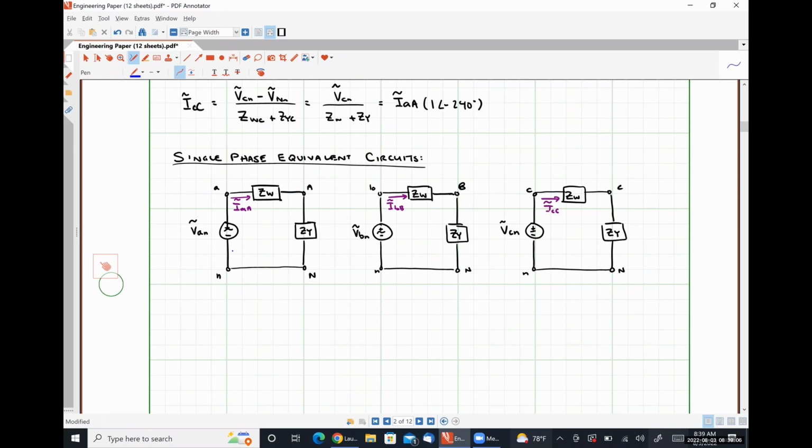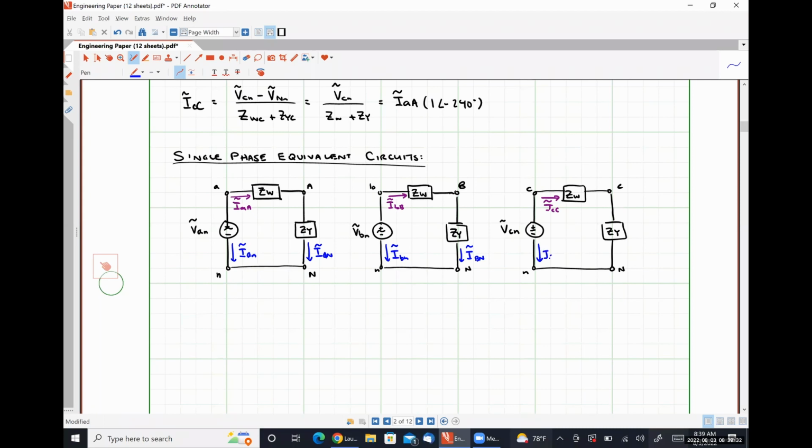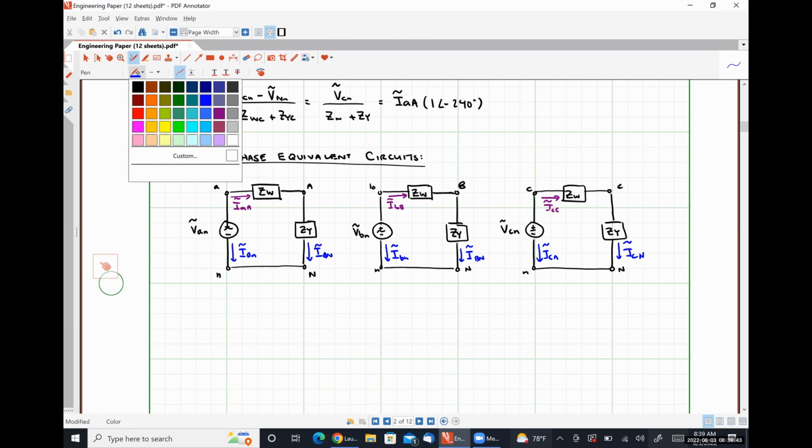We can easily determine our phase currents, IAN, IBN, and ICN.